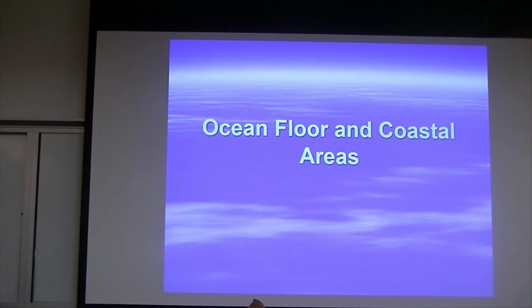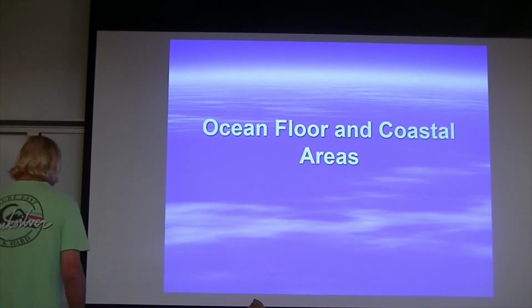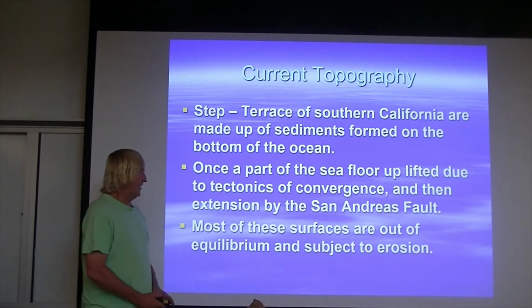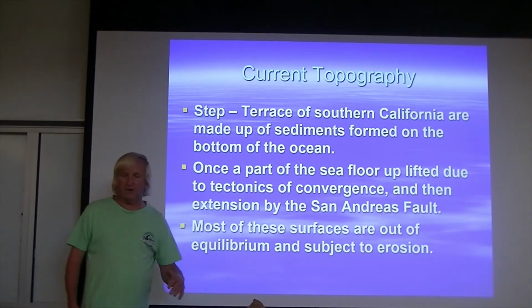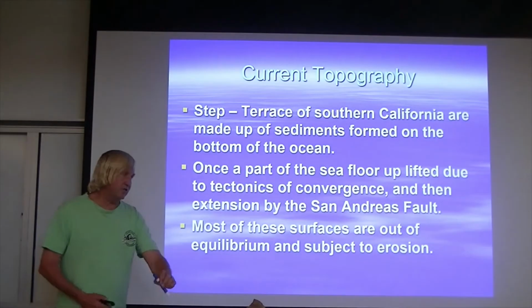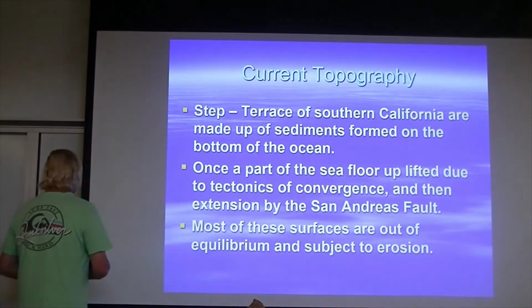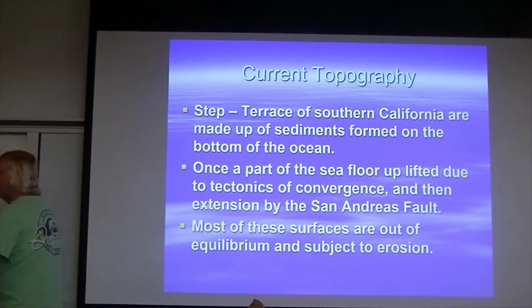So ocean floors and coastal areas. So current topography, if you look at California, it's a whole sequence of what we call step-up terraces. And you can see that often with the right light. California right now is a whole sequence of, I'll use this dry erase board, what we call step-up terraces.